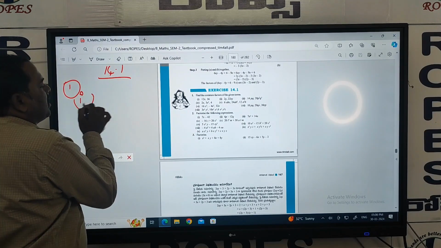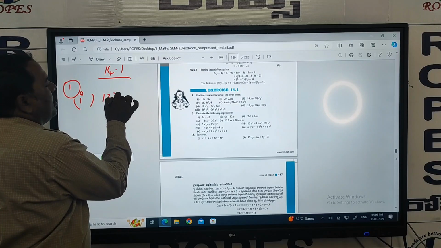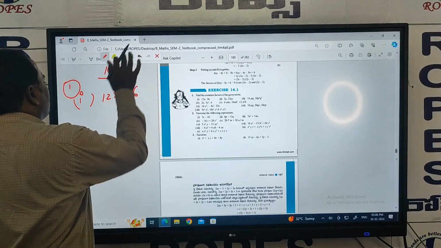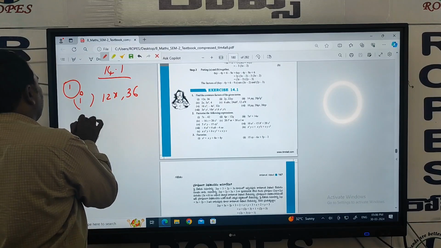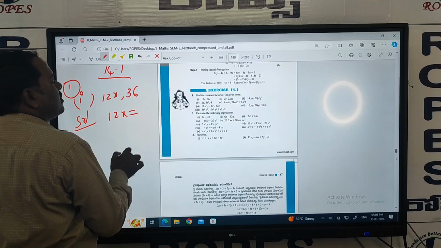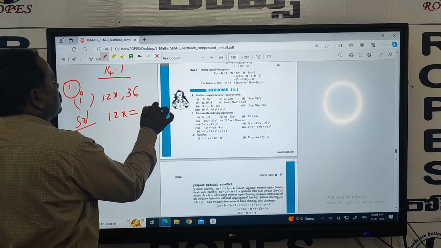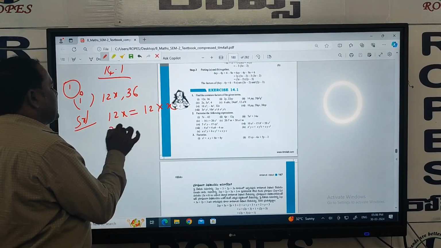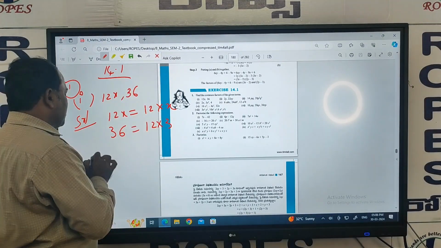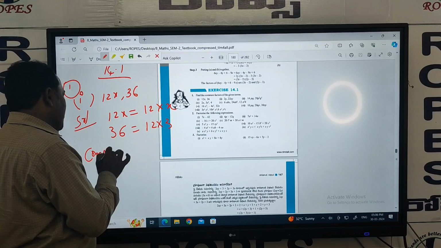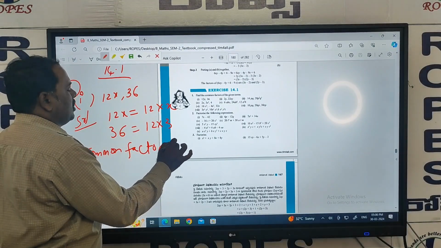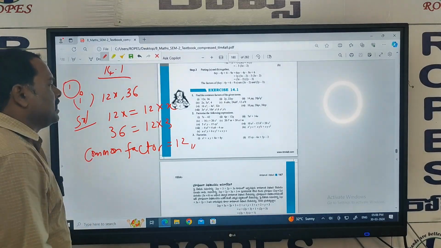In the first one we have to identify the common factors of 12x, 36. See the solution, here 12x we can write as 12 into x and 36 we can write as 12 into 3. In both, the common factor is equal to 12. Like this we have to write.